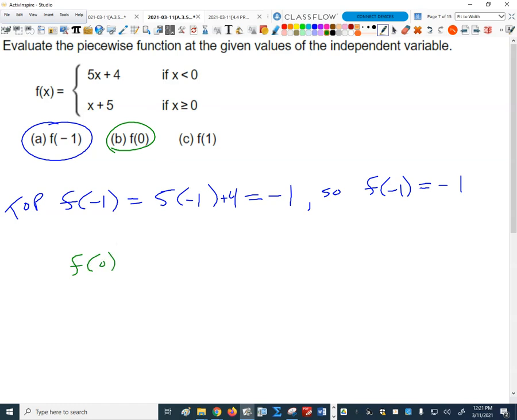F of 0. So tell me, top or bottom? Top or bottom for that one? Am I plugging 0 into the top or the bottom? Okay, yeah, that's going bottom, isn't it?